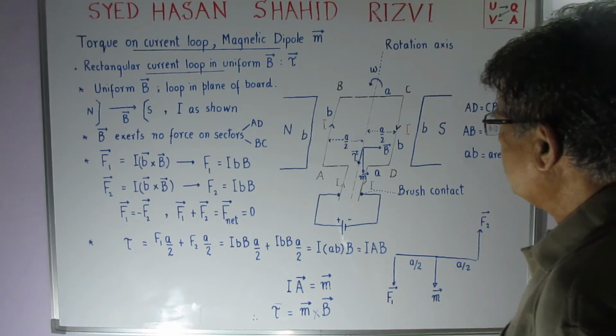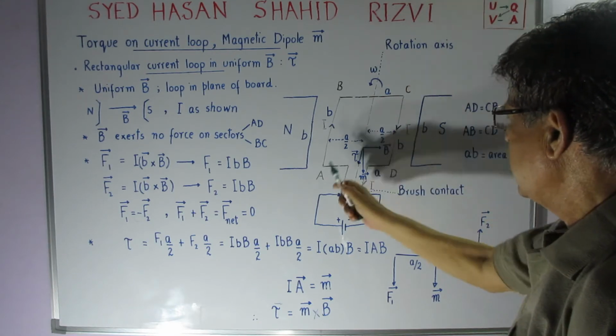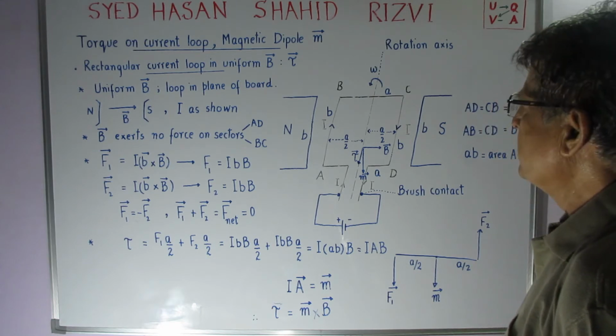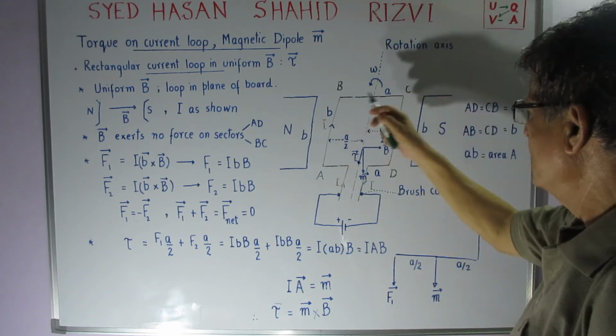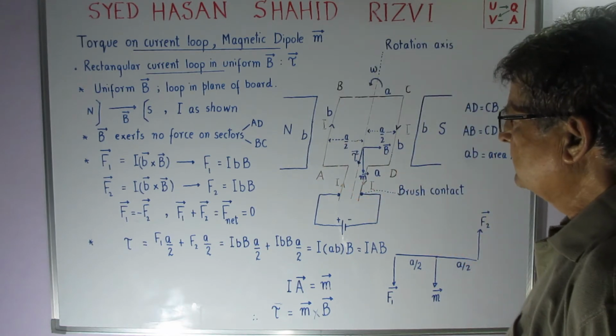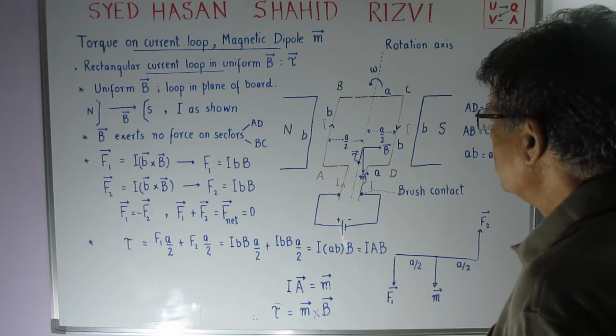Right now we think of the loop A, B, C, D, A, which is placed in the uniform magnetic field produced by the two poles north-south.